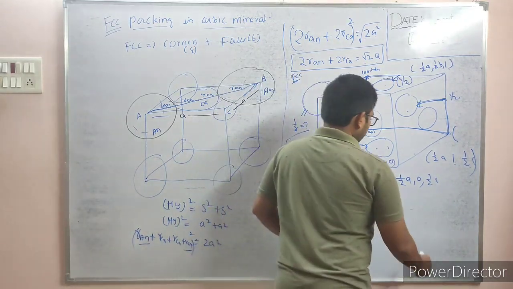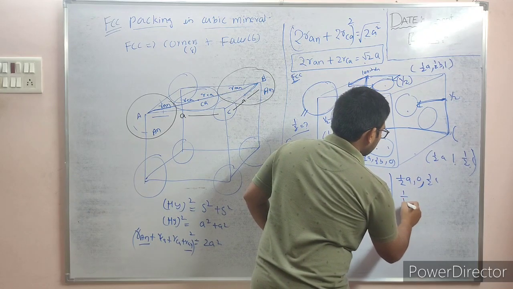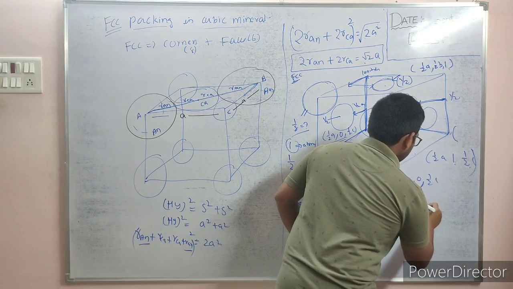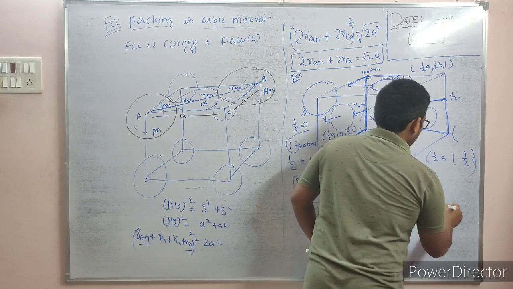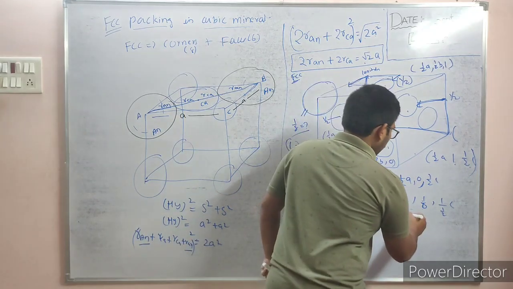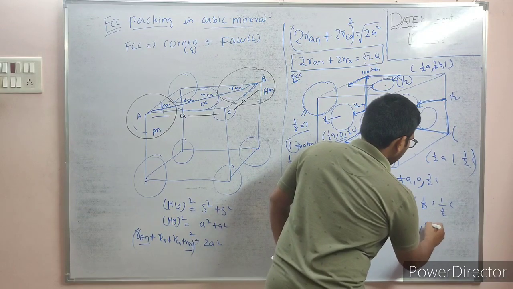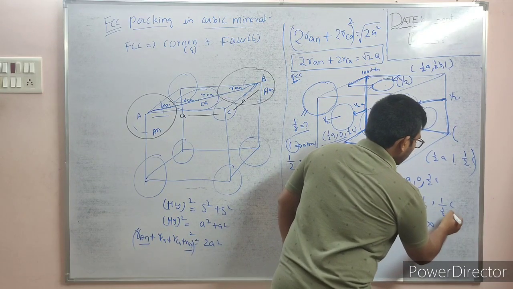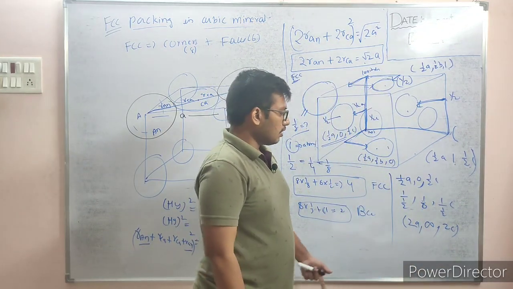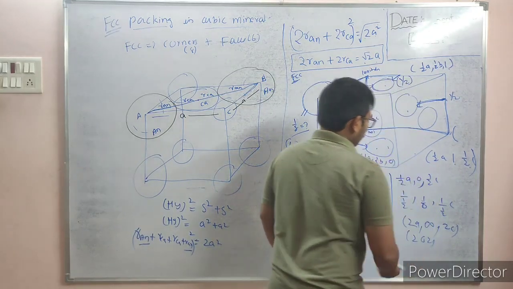If you take 1 upon 1 by 2, 1 upon 0 and 1 upon 1 by 2 of C, what will be the values? 2, 0, 2. So the Miller index can come like 2, 0, 2.